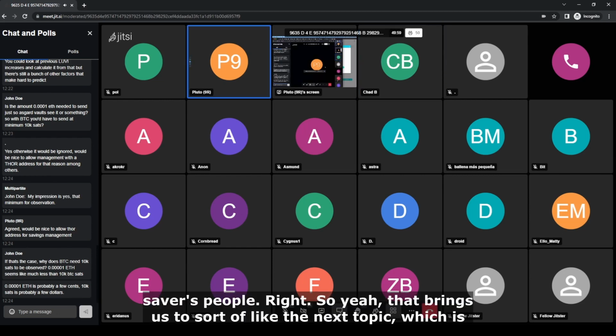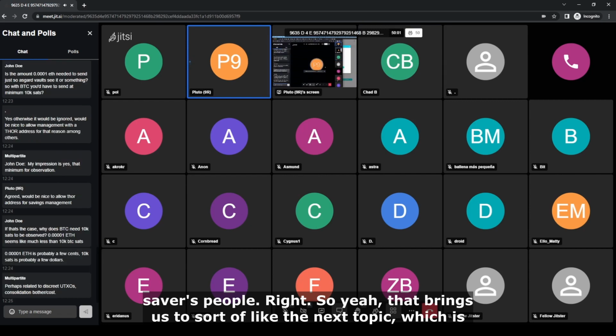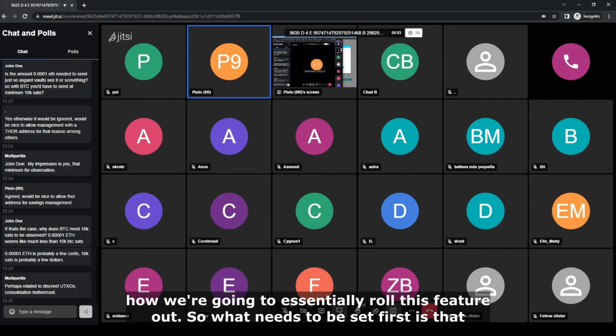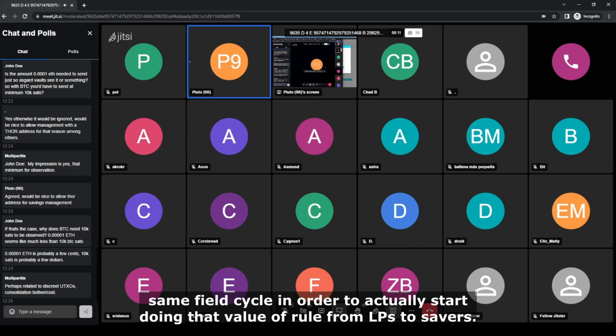Right. So yeah, that brings us to the next topic, which is how we're going to roll this feature out. What needs to be set first is that synth yield cycle in order to actually start doing that value accrual from LPs to savers.